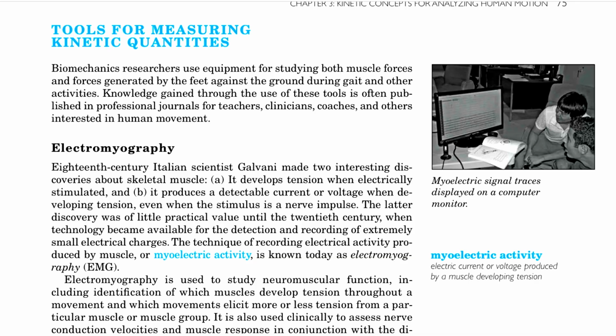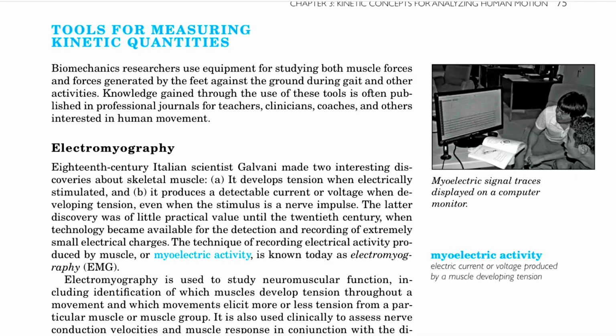The definition of electromyography is the process of recording the electrical activity produced by a muscle when it contracts. Simply put, we can record the electrical activity occurring in your muscle when it contracts, what kind of activity is present, and take a recording of that.